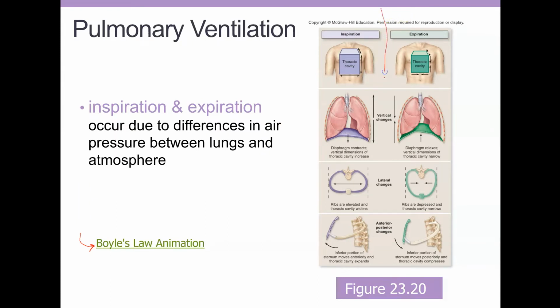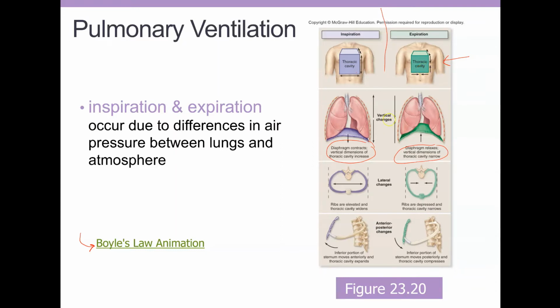So you've got inspiration on one side and expiration on the other, and you've got the volume of your thoracic cavity shown in the top boxes, and you can see it's smaller over here and larger over here, and you can look at the changes that are taking place because of your diaphragm pulling down, your diaphragm pushing up, and how that's related to the expansion of the thoracic cavity or the constriction or closing in of the thoracic cavity.